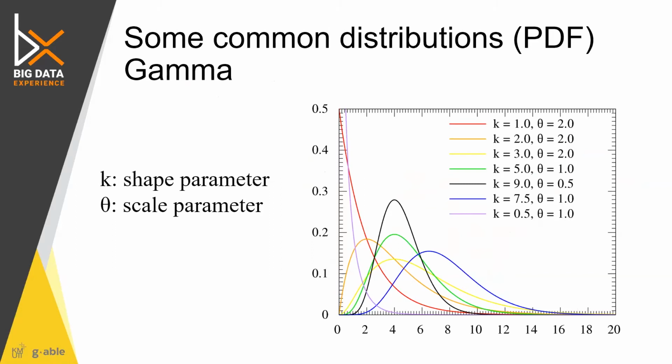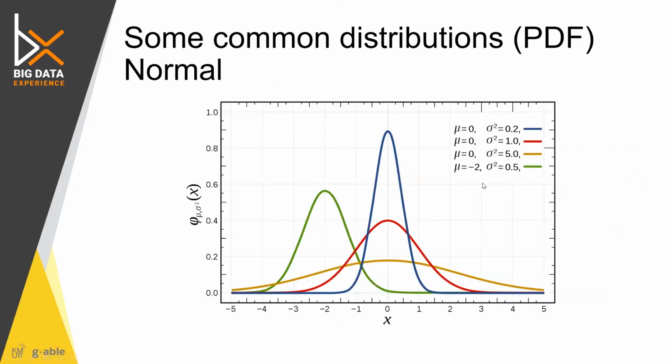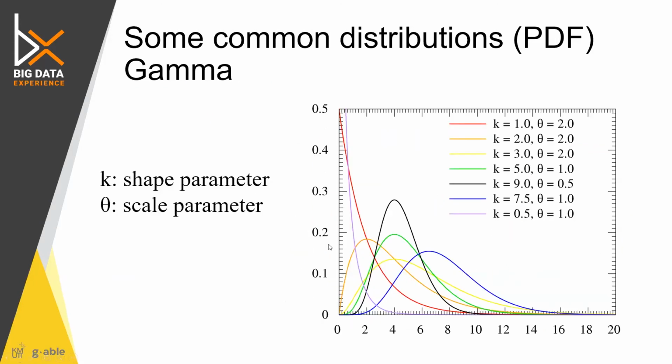Now, exponential distribution has just one parameter. This parameter can be thought of as the scale, somewhat similar to the variance value, because it controls the spread of the distribution. There are distributions that contain two types of parameters.